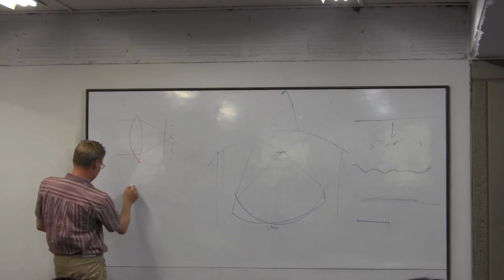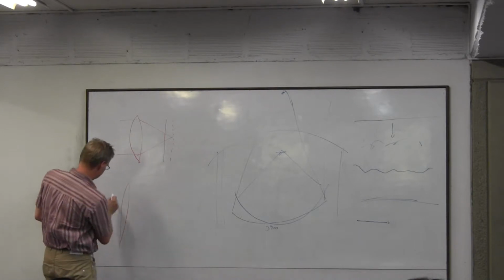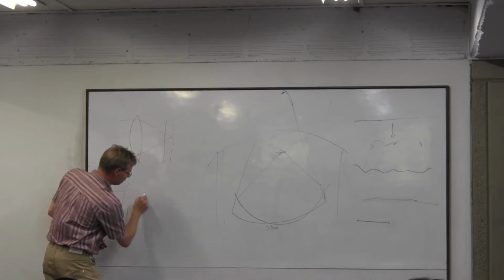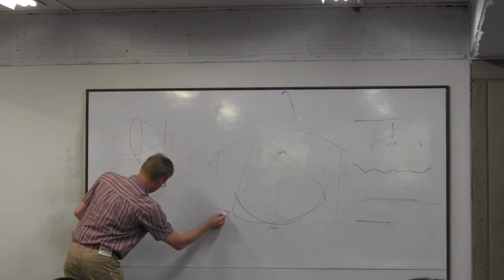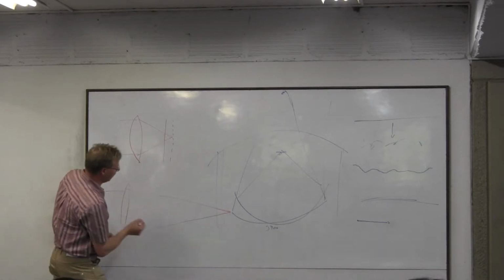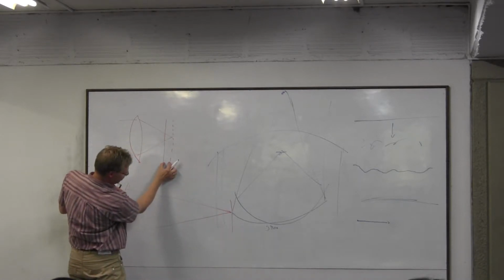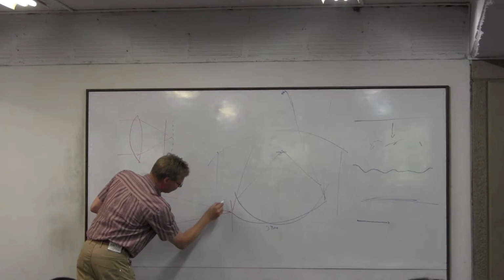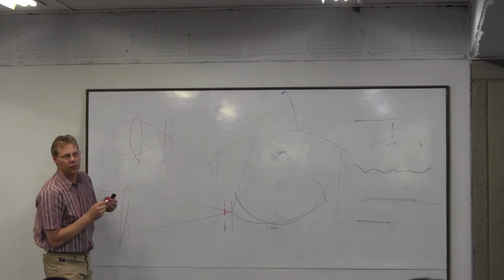But if you have very slow optics, here's your detector. Let's say you misplace it by the same amount. It doesn't matter much.